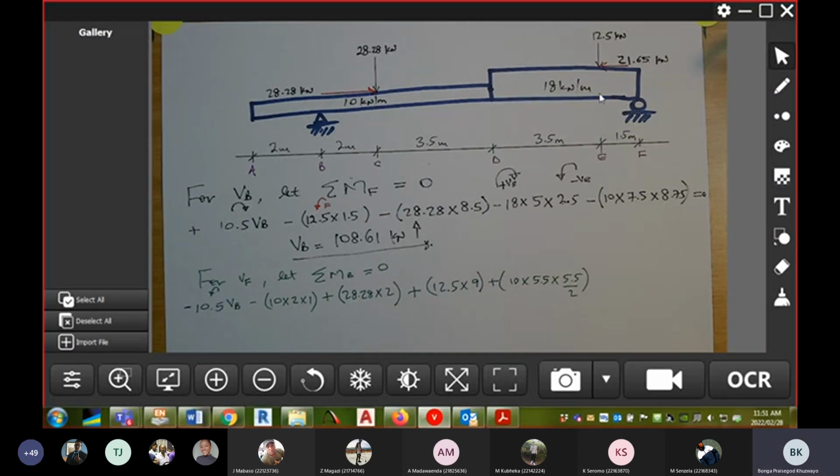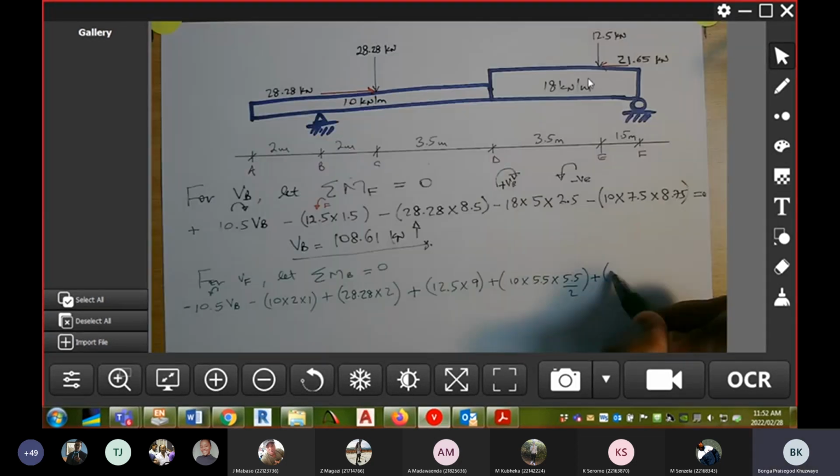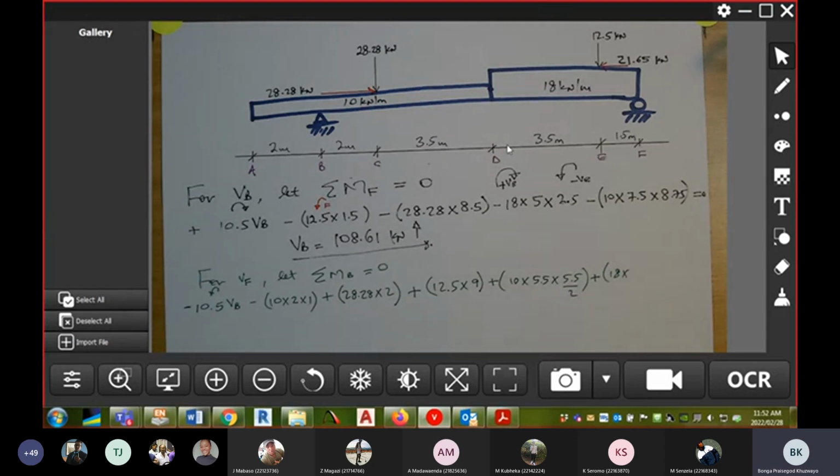Then we've got plus, this one now, the 18 kilonewton per meter. So we've got 18 over a distance along node D and F, between node D and F. So it's along a distance of 3.5 plus 1.5.